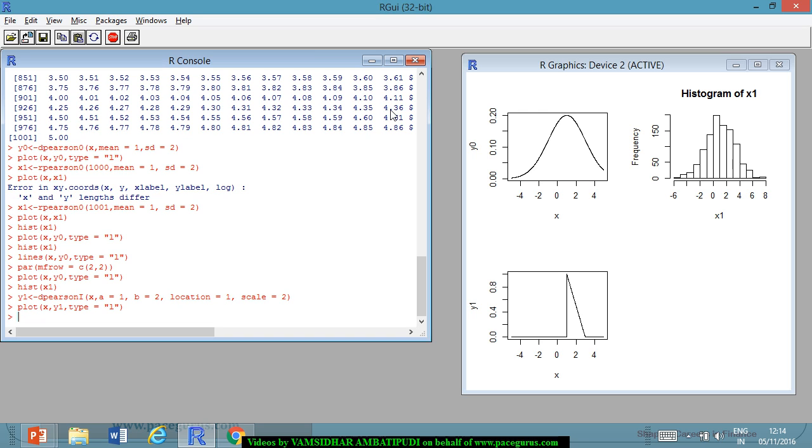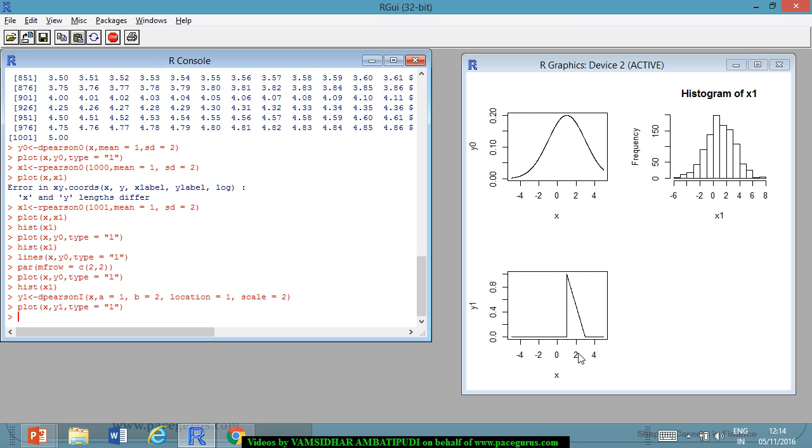You could see a lot of difference out here. We have a value equal to 1, b value equal to 2, and we also have the location parameter as 1, which is where the mean is actually coming out. You could see the location parameter is 1 and the scale parameter is 2.